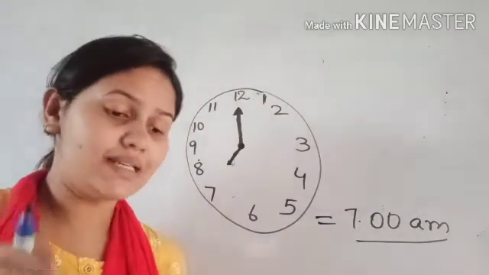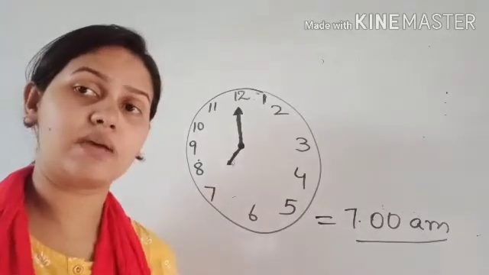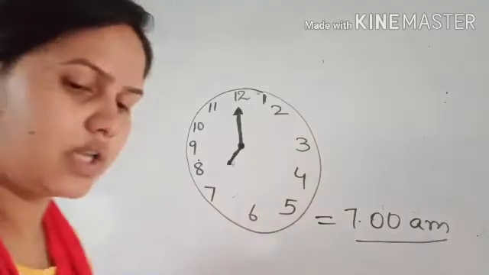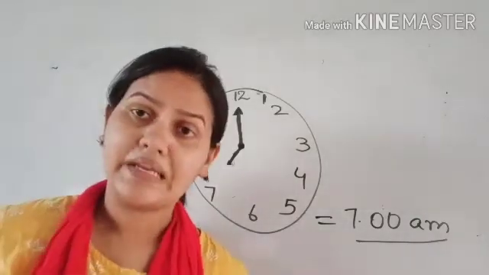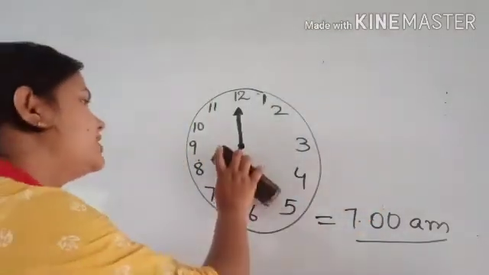Now the second one is your school recess time. At which time do you have your recess? I think at 12:30, right? At 12:30 you have your recess. So let's show this one. Very simple.